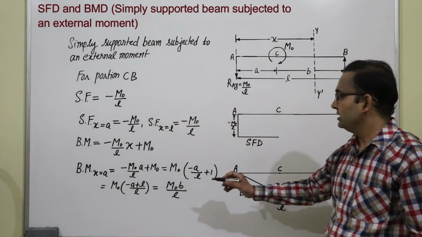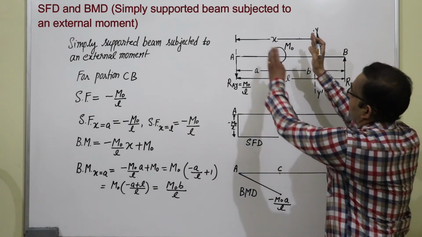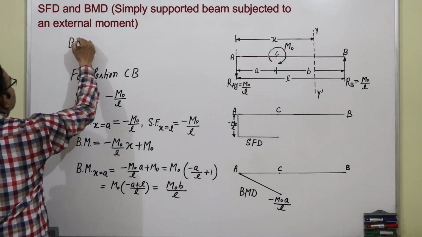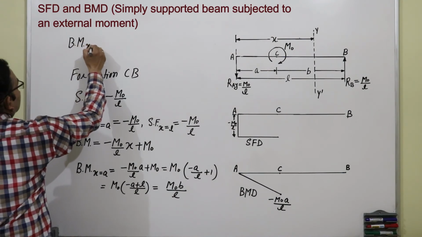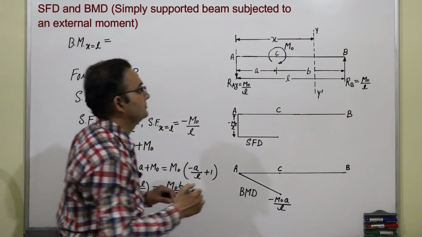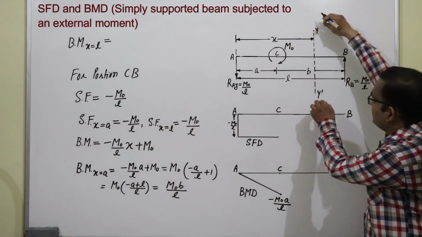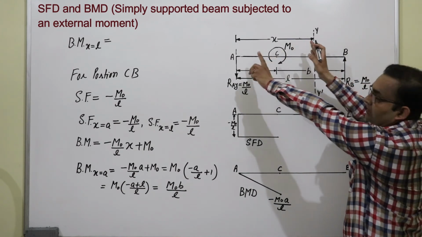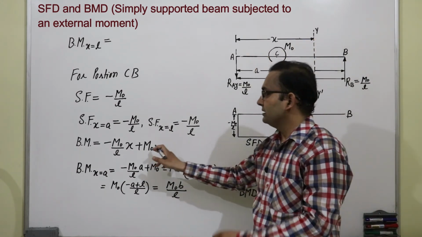This is the bending moment when x is equal to A, and bending moment at x equal to L. I will slide this section to this side. So x will become L. This is general equation.